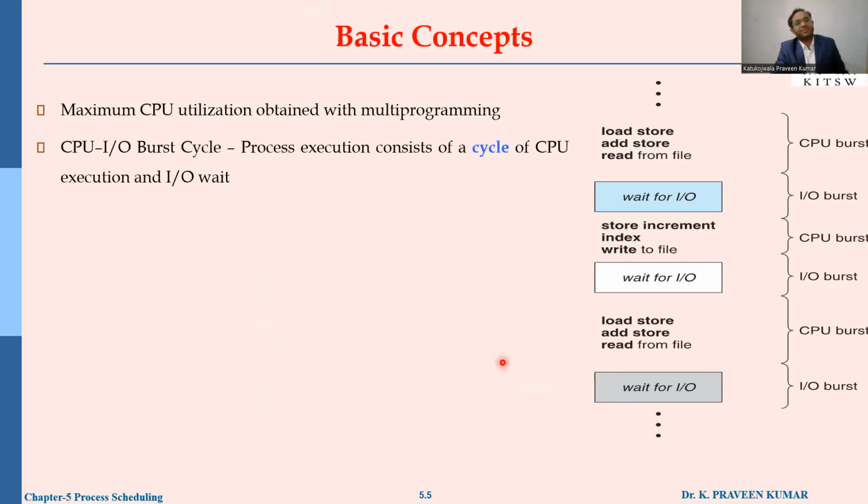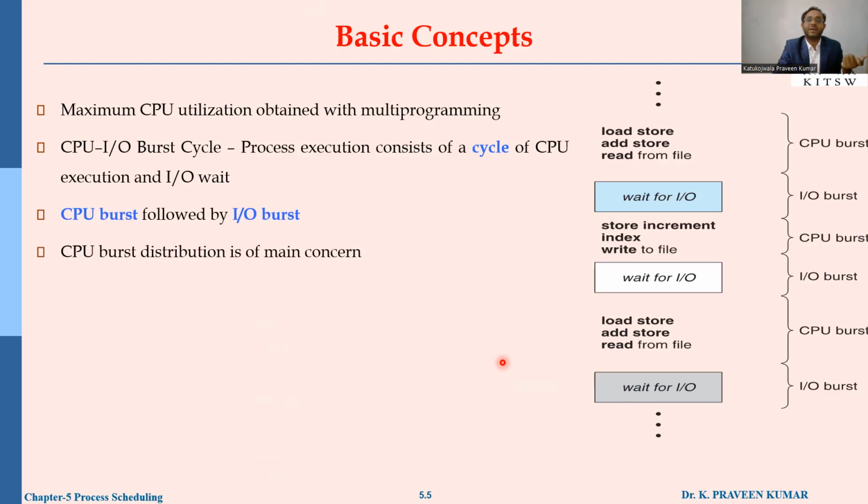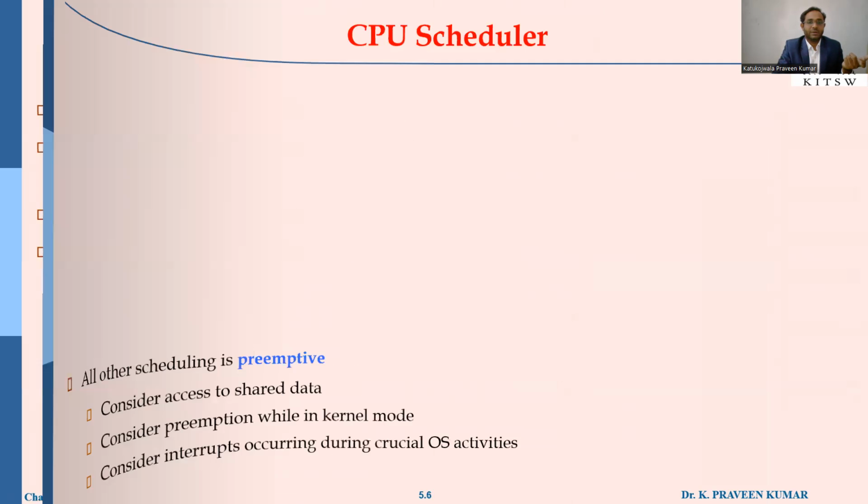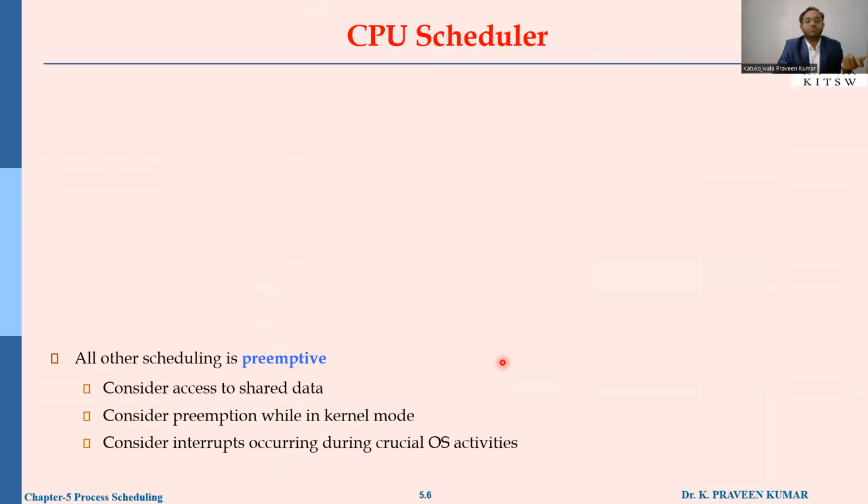In the CPU burst and IO burst cycle, the process execution consists of a cycle of CPU execution and IO wait, combined called a cycle. So generally CPU burst is followed by IO burst, followed by CPU burst. Right.